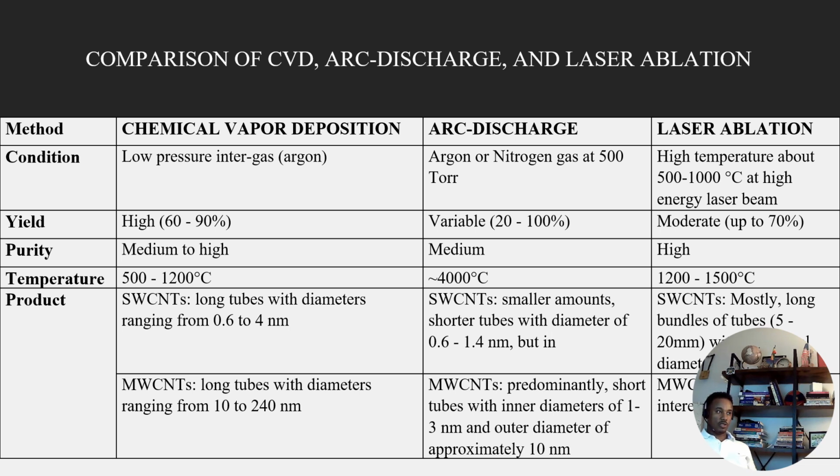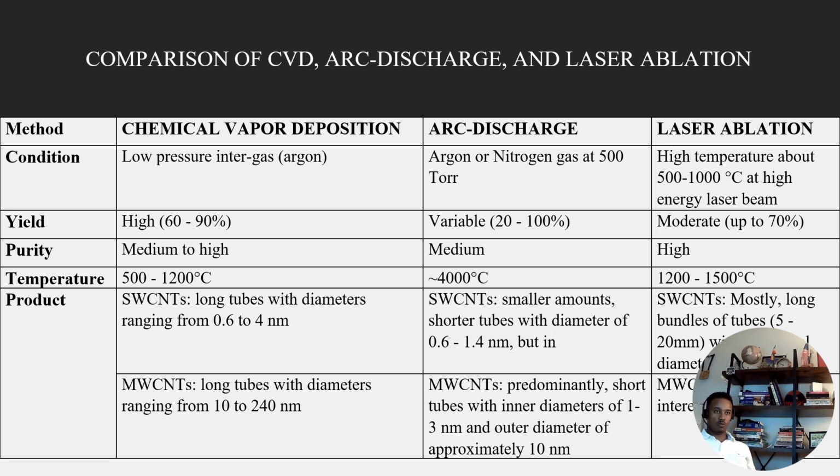In terms of purity, how pure the carbon nanotubes we get from the three methods are: with CVD, we get medium to high purity, whereas arc discharge is low to medium, and laser ablation, as we have discussed, always yields us the best quality carbon nanotubes, so it has high purity. The temperature requirement determines the amount of energy consumption and the cost, so it's a really important parameter.